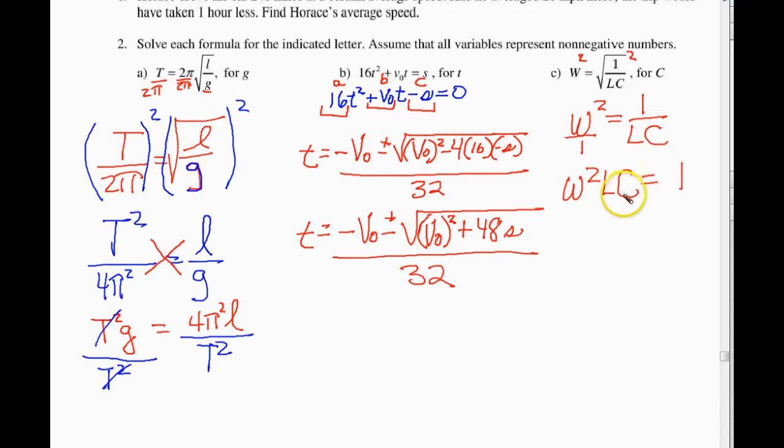And we want to solve for C. So we're going to divide out those things we don't want as factors on the other side. These cancel out, and we get C equals 1 over w squared L. So that one was sort of an easy one. Okay, well, we kept it to just under 20 minutes.